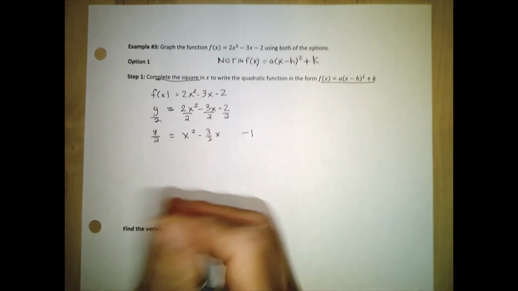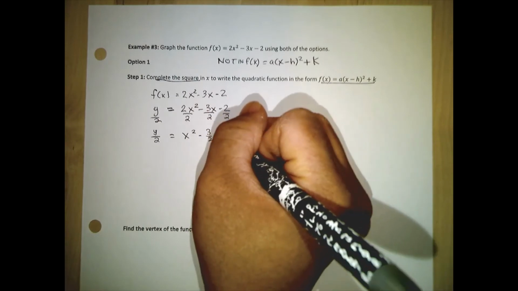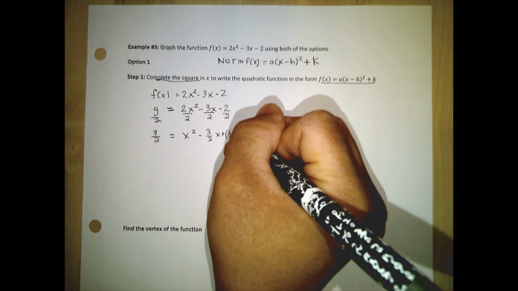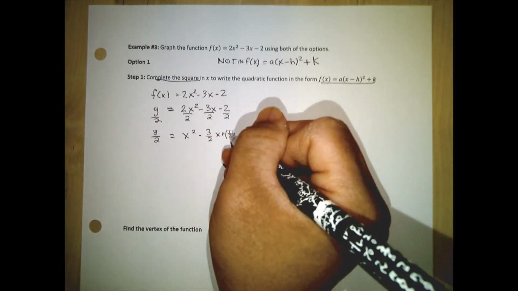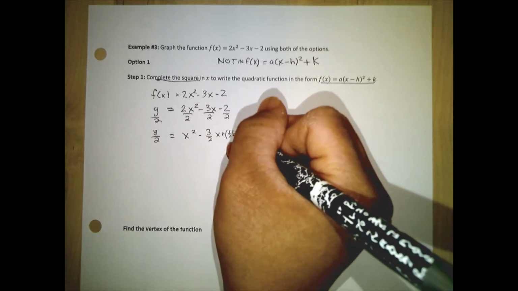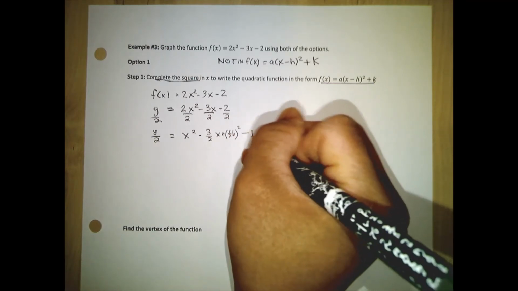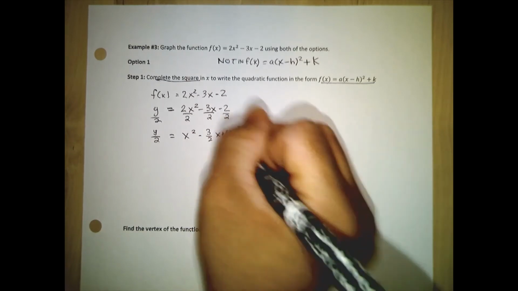Now that the coefficient of x squared is 1, I can add a half of b, a half of b squared, and subtract a half of b squared.